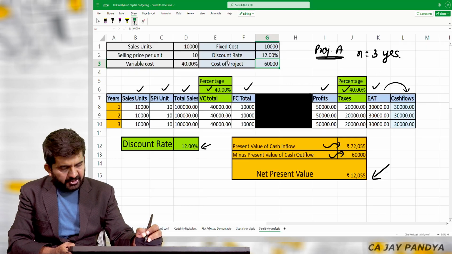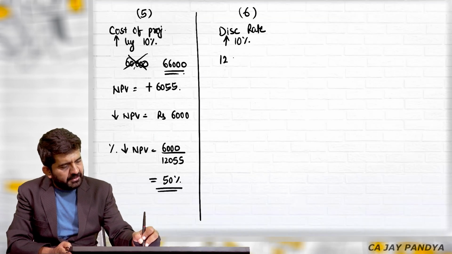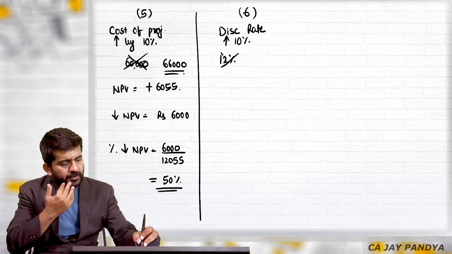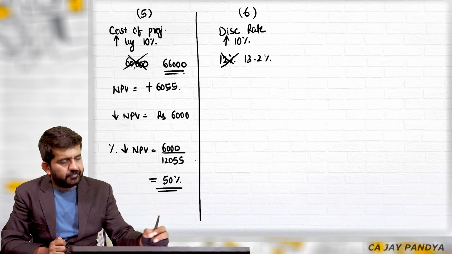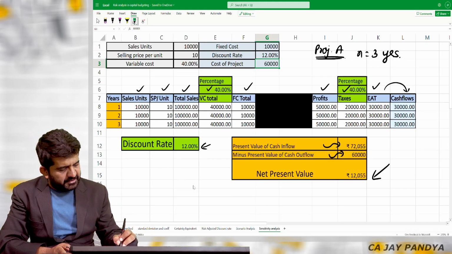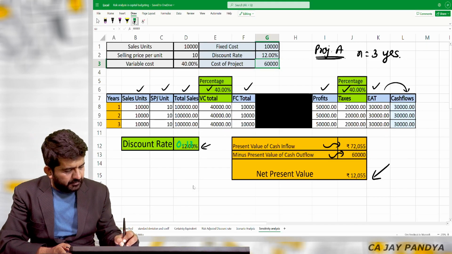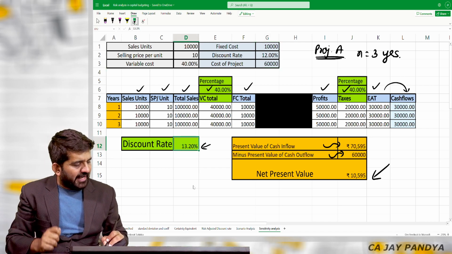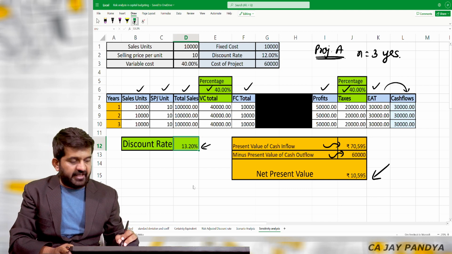What is the current discount rate? 12%. It becomes 13.2%. If everything is the same, with discount rate at 13.2%, then my NPV is 10,595.